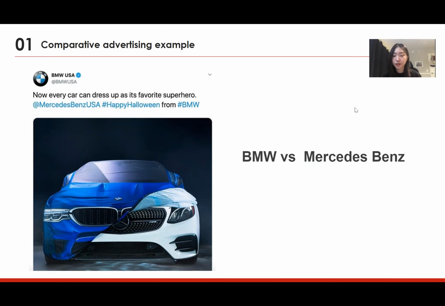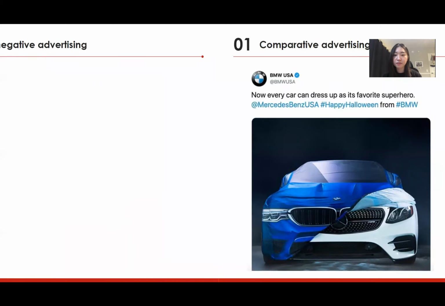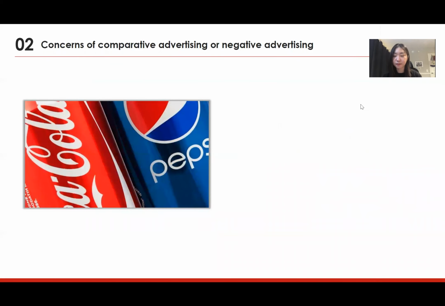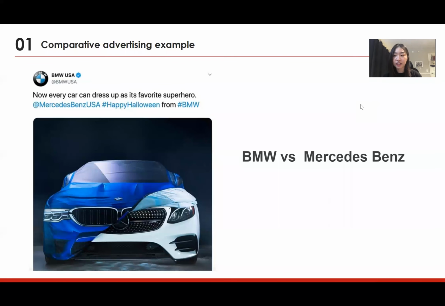The caption read, "Now every car can dress up as its favorite superhero." BMW even tagged Mercedes-Benz. In this campaign, BMW did not use any negative description, but used the word favorite hero to present the comparison.